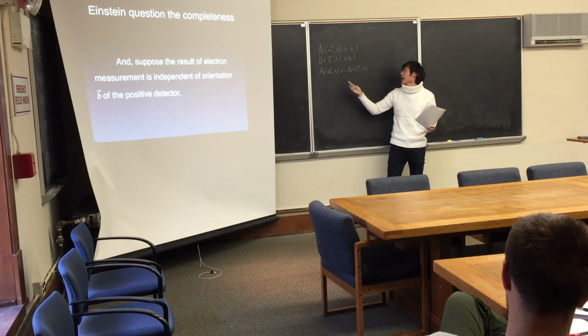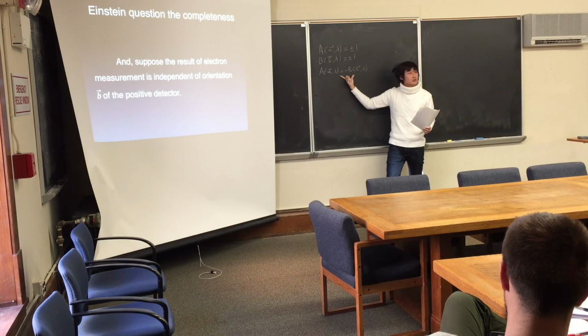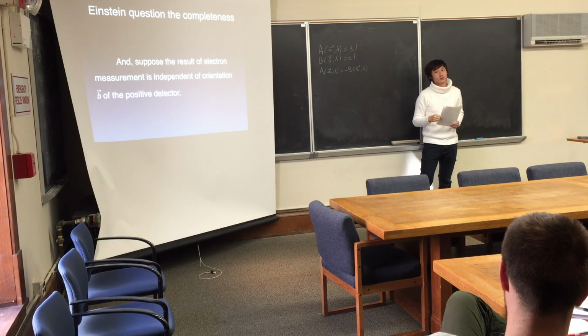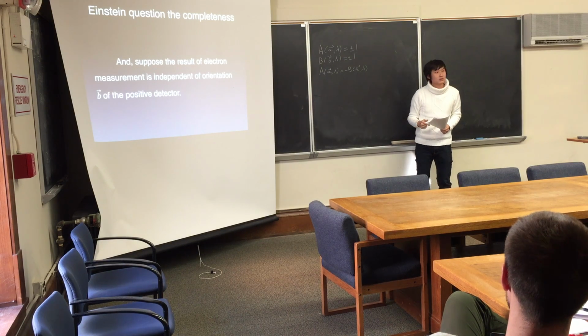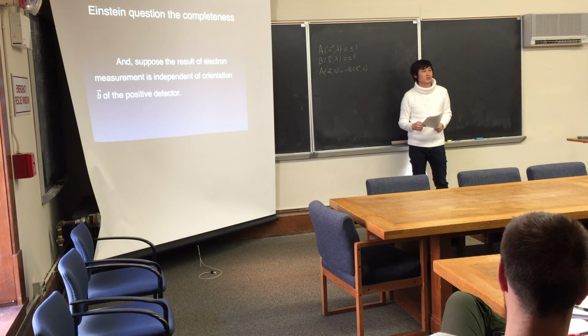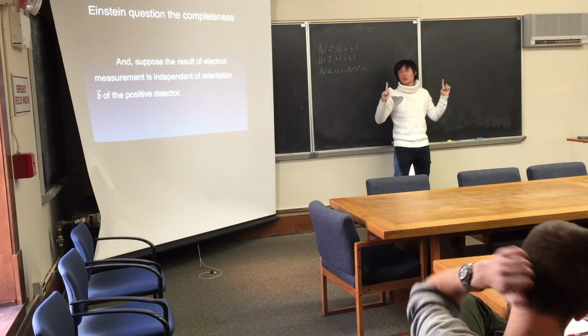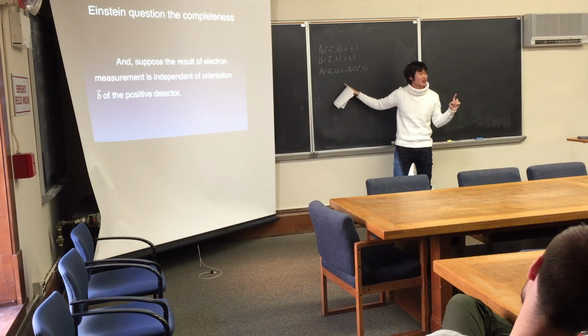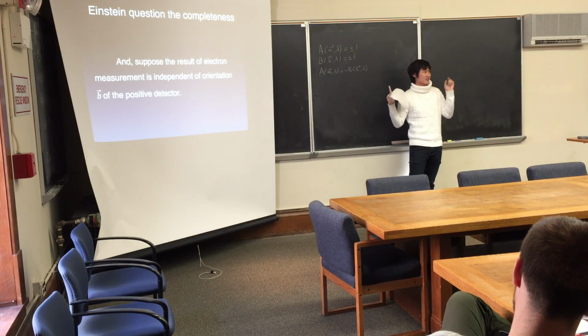My claim is that if they are in the same direction, no matter what the hidden variable is, you always get the anti-correlated relationship between the spin of the positron and the electron.